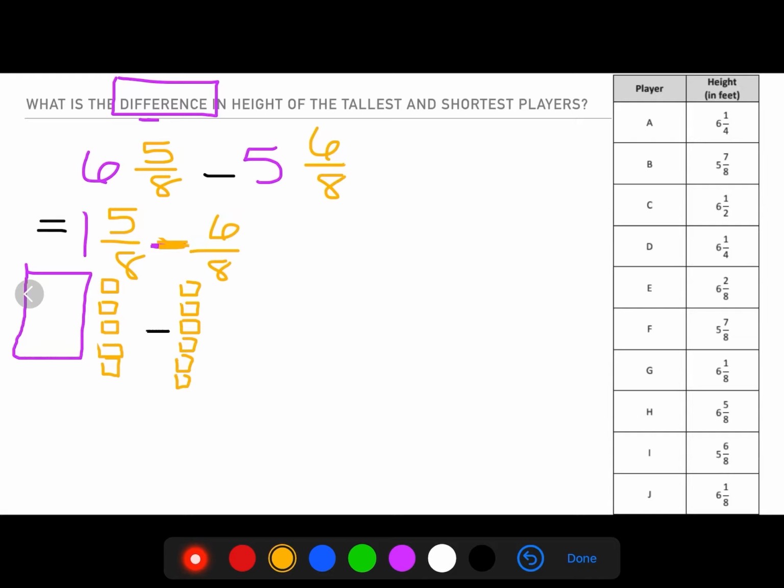We already know I don't have enough, you guys. So what do I need to do? That's right, I need to decompose my whole. Now think about what your denominator is. How many parts, equal parts, am I going to decompose my whole into? That's right, 8 parts.